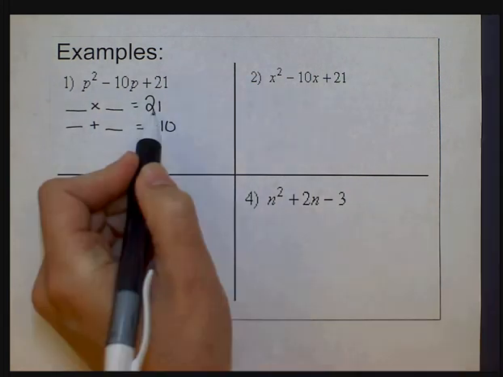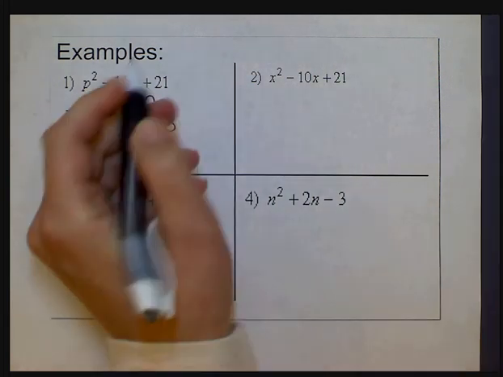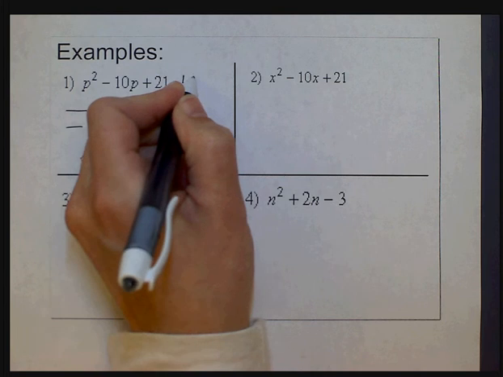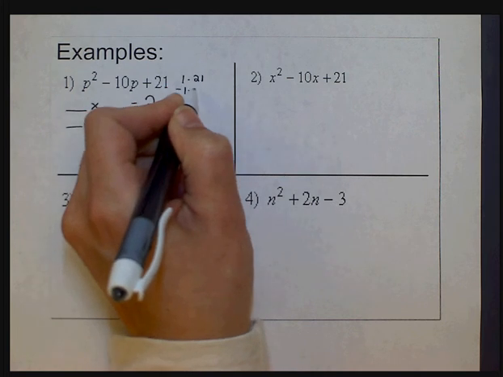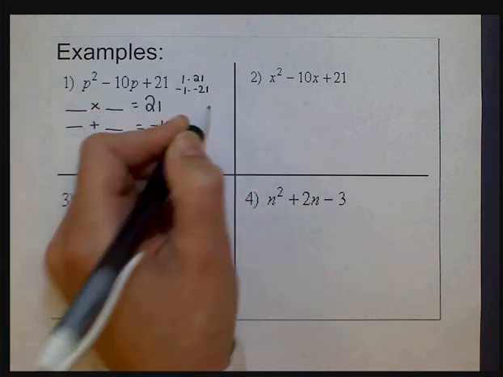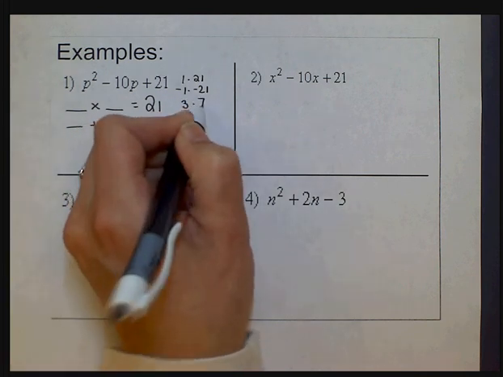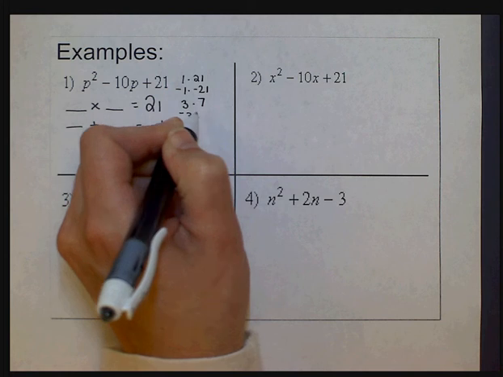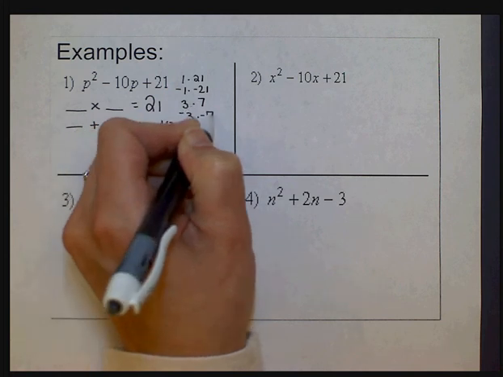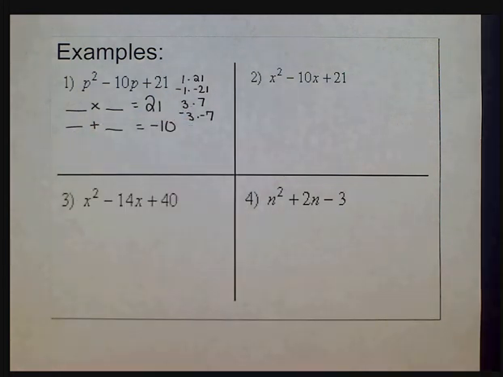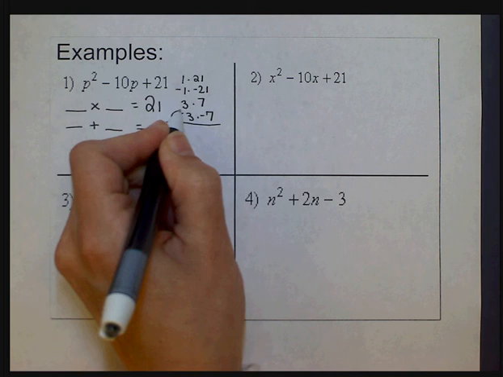So I start listing all the ways I can make 21. I got 1 and 21, negative 1 and negative 21. 2 won't divide it, but I have 3 times 7 and negative 3 times negative 7. So those are all the ways that I can make 21. Now I look for the pair that also adds together to be negative 10.